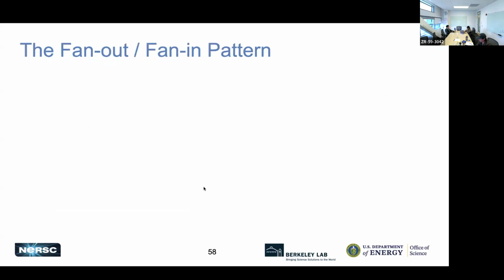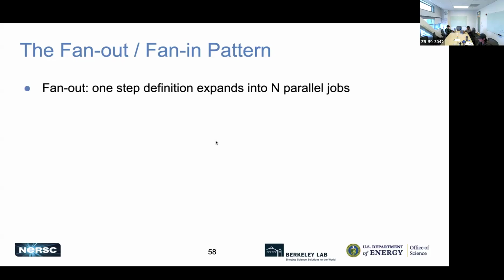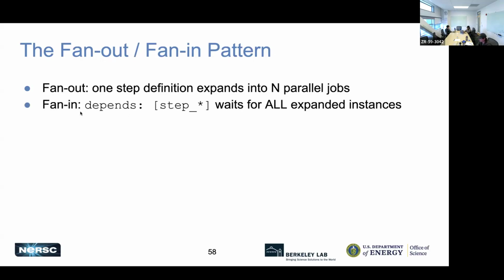Right, okay. All right, fan out, fan in as a design pattern, or scatter gather. So you start with one step definition that using that size dot whatever, you can fan out into n different tasks, each with its own value from the size list.